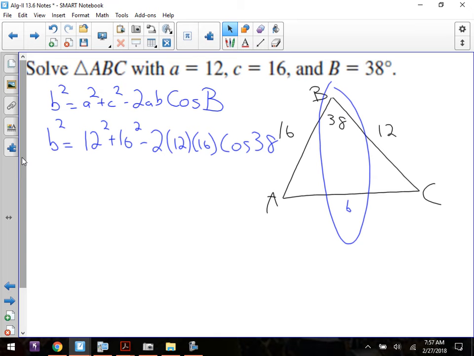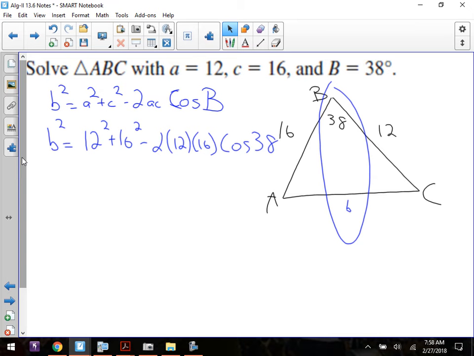We have to make sure the calculator is in degree mode, otherwise bad things happen. That's 16, 12, cosine 38.